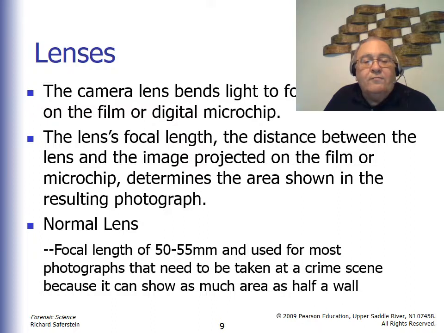A focal length of 50 to 55 is used mostly for photographs that need to be taken of crime scenes, and it can show about half of a wall. Focusing in and taking close-up pictures and distance pictures are a combination of using your lens and also the movement of your feet to move yourself to different locations to take a photograph.